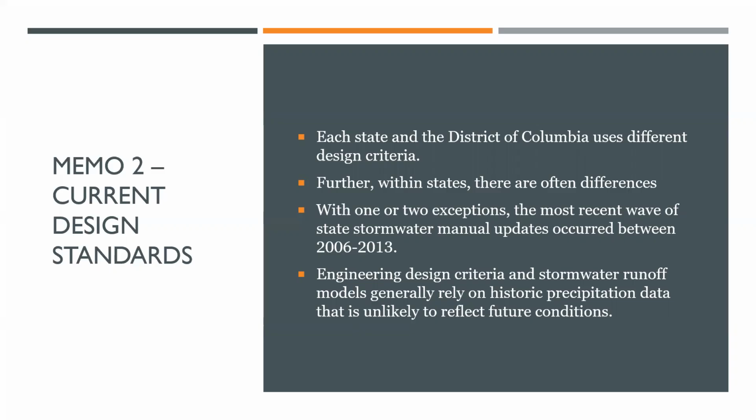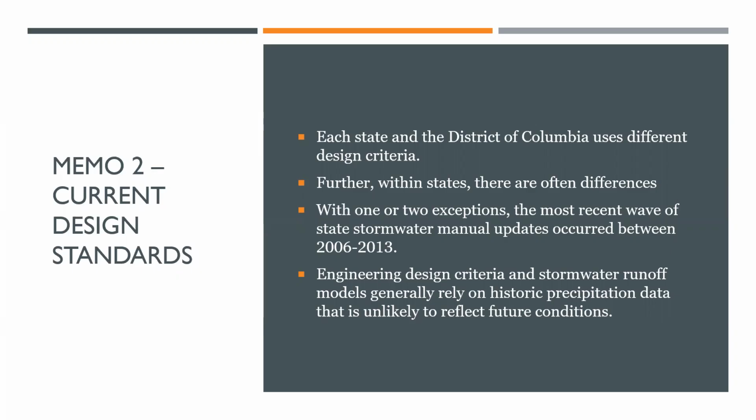There have been some updates in recent years, but with one or two exceptions, the latest round of really a reimagination of these design standards occurred in the 2006 to 2013 period. We've been making tweaks and updates since then, but that was the last wave of brand new manuals.